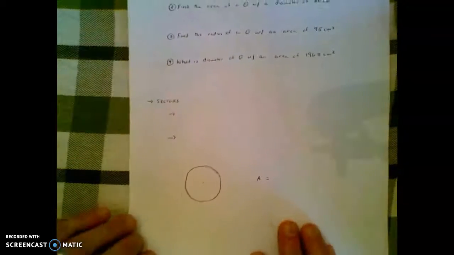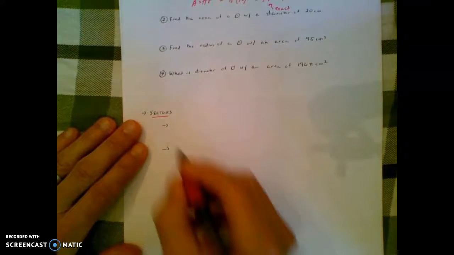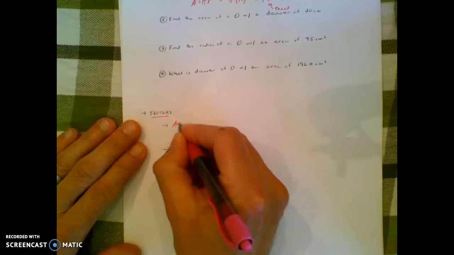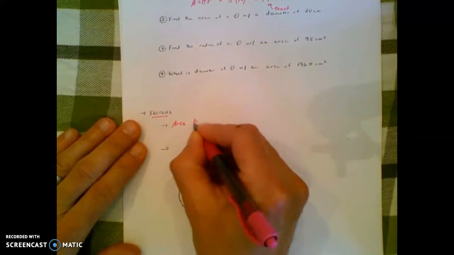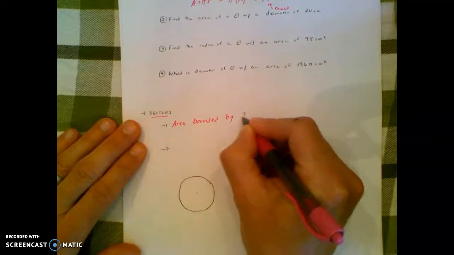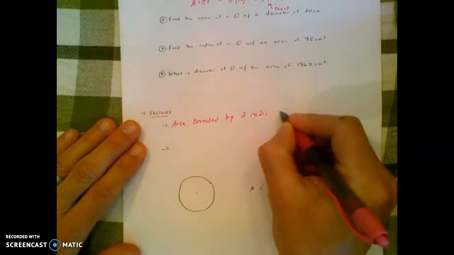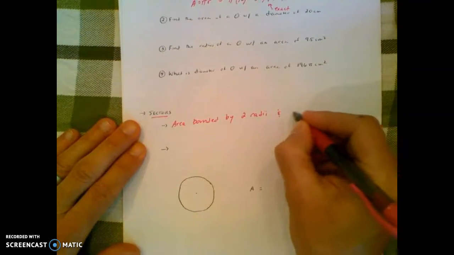All right, a sector. We're going to look at a sector today. So a sector is an area bounded by 2 radii and a portion of the circle.